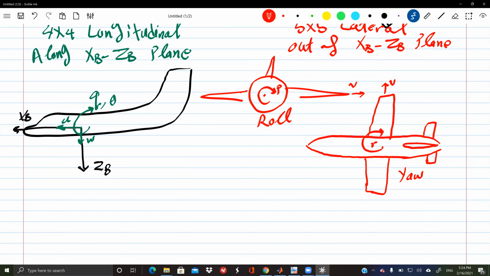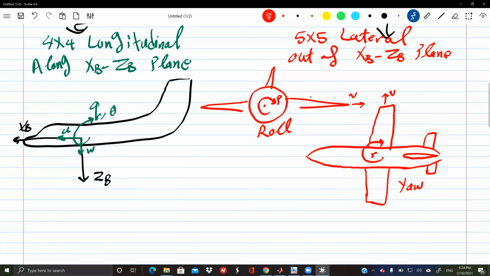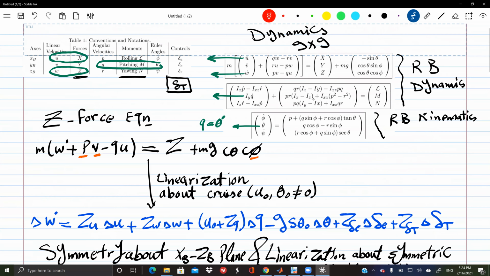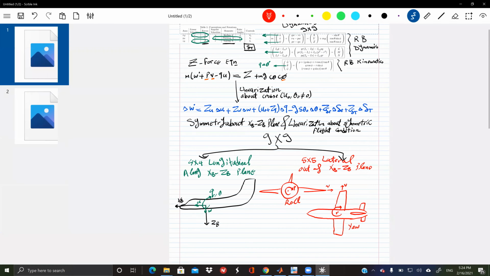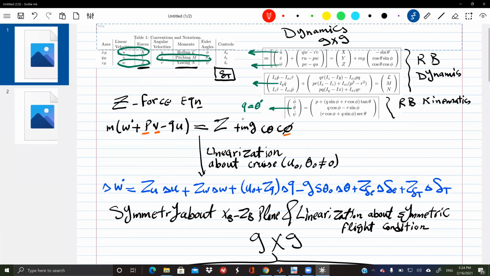Here we had 2 translations, U and W, along X and Z. So here in the lateral, we'll have the other translation, which is about Y, little v, the side slip V, and the other 2 rotations, roll and yaw.